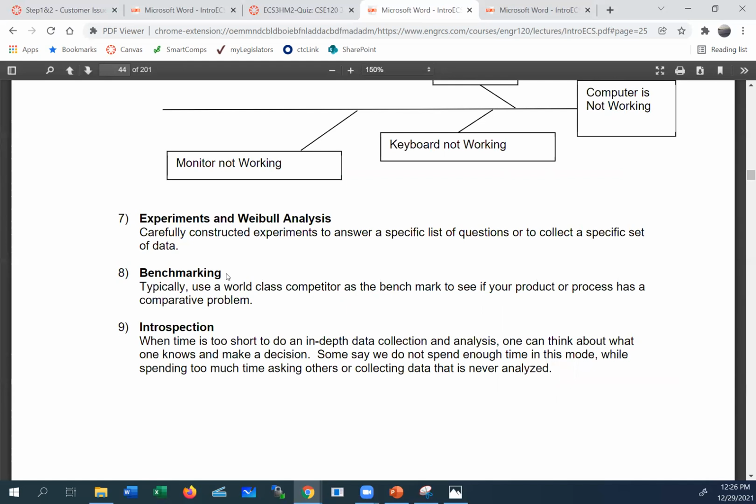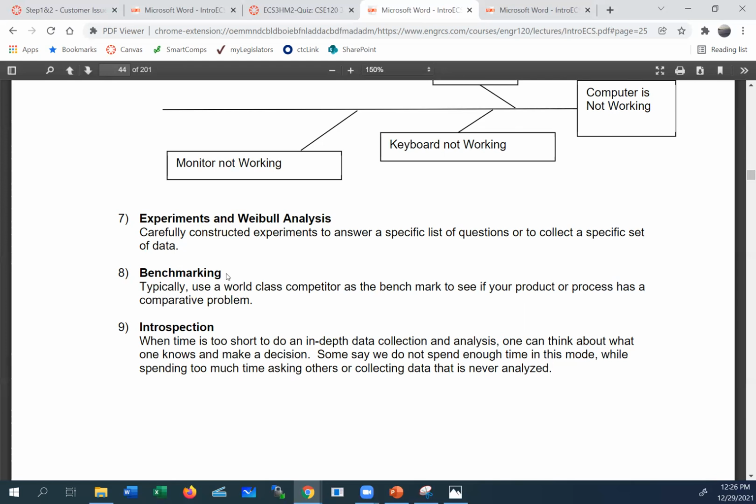You start looking at how well they do the work, and maybe yours falls short. Then you have to figure out how to bring it up. So your root cause is not that your system functionally failed, but that your product is not as good or as competitive as someone else's. Benchmarking allows you to compare yourself to the world-class competitors that are out there.